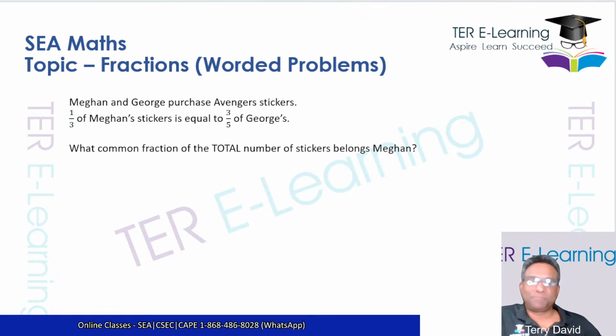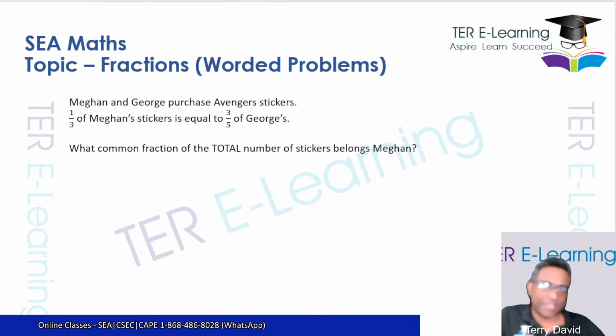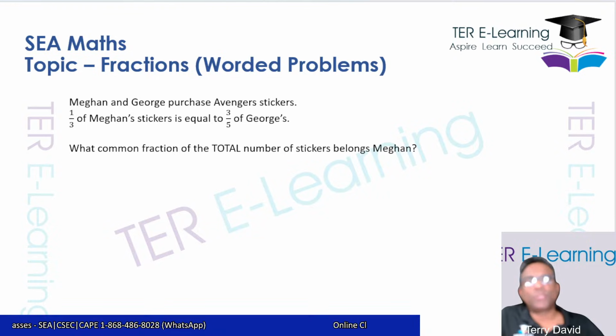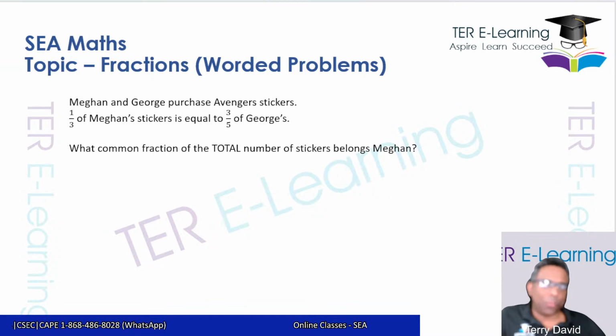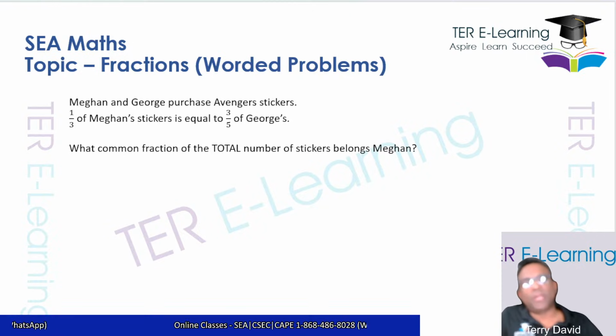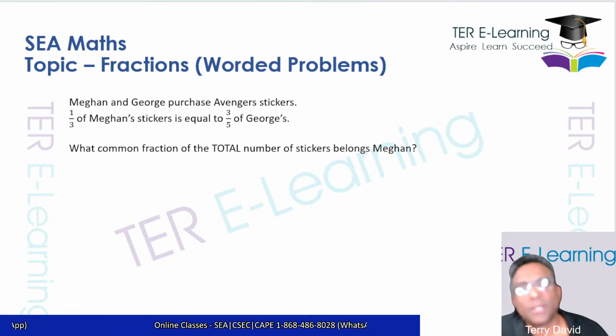Let's look at this one here. Megan and George purchased Avengers stickers. One-third of Megan's stickers is equal to 3/5 of George's. What common fraction of the total number of stickers belongs to Megan?